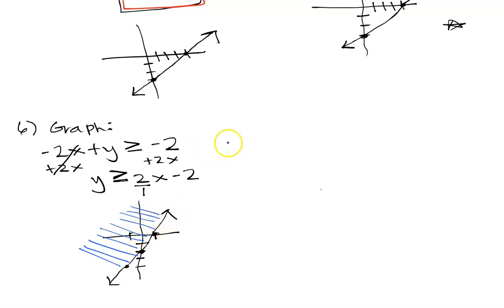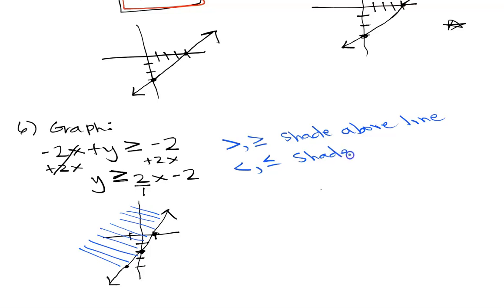All right, so if it is a greater than or equal to, then you'll shade above the line. And if it is a less than or equal to, then you'll shade below the line. So on the videos, they have you do test points and stuff like that.